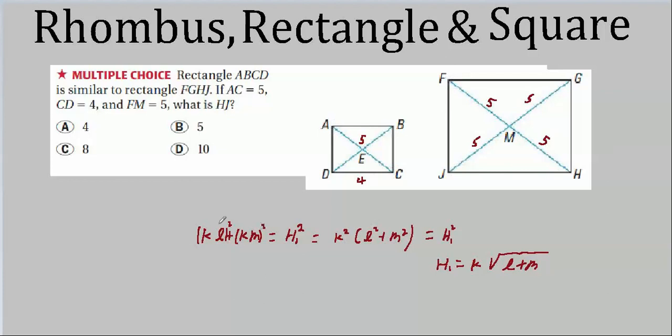We square both of them. Well, that's going to give us k squared times L squared plus k squared times M squared. We can use our distributive property and pull it out and write k squared times the sum of L squared plus M squared. Well, if we take the square root in order to get this actual hypotenuse, what do we get? Square root of k squared is just k, and, pardon me, this is supposed to be L squared plus M squared.